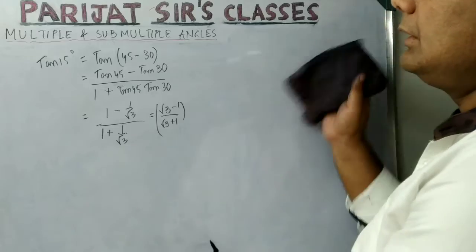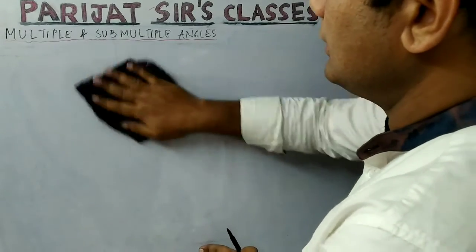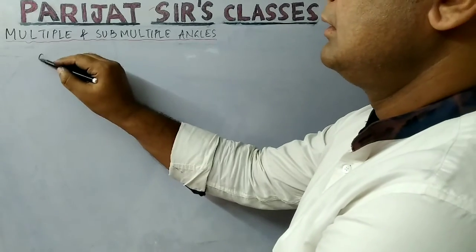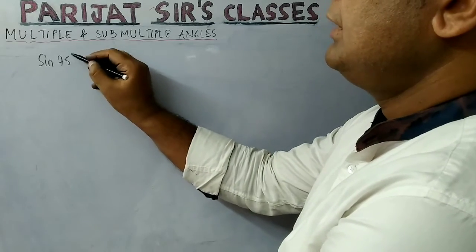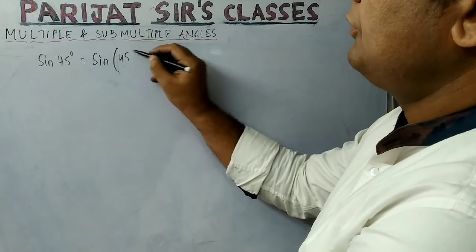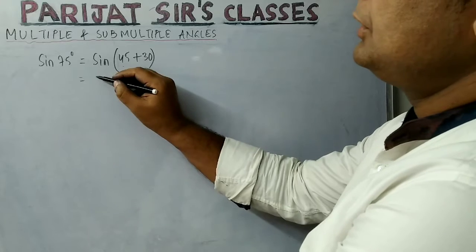Clear? Now let us see how to calculate sine 75 degree. So 75 degree, how will you calculate? It's 45 plus 30, which is sine A plus B's formula.